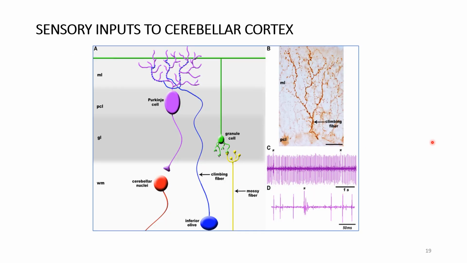Next come sensory inputs to the cerebellar cortex. There are two sensory inputs. One is from the inferior olivary nucleus. They are climbing fibers, so they will climb up to the topmost layer, the molecular layer. Then come other cerebellar nuclei and other nuclei.